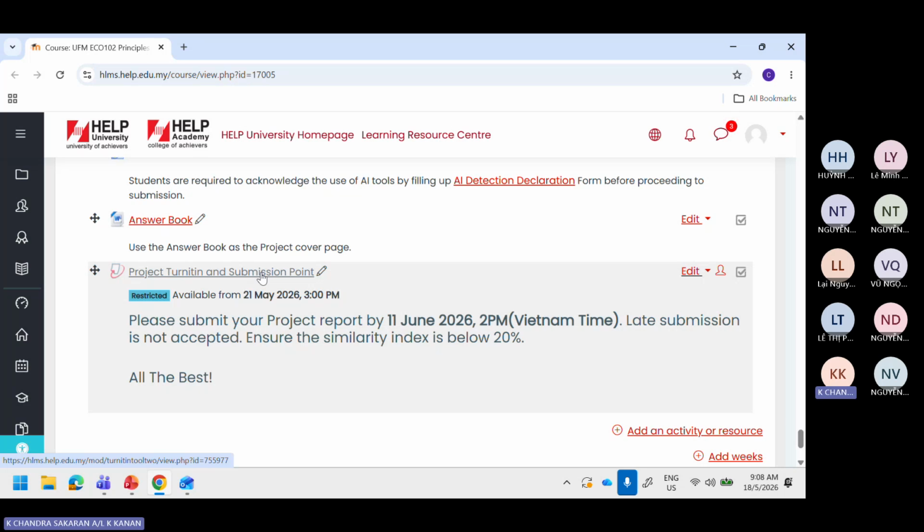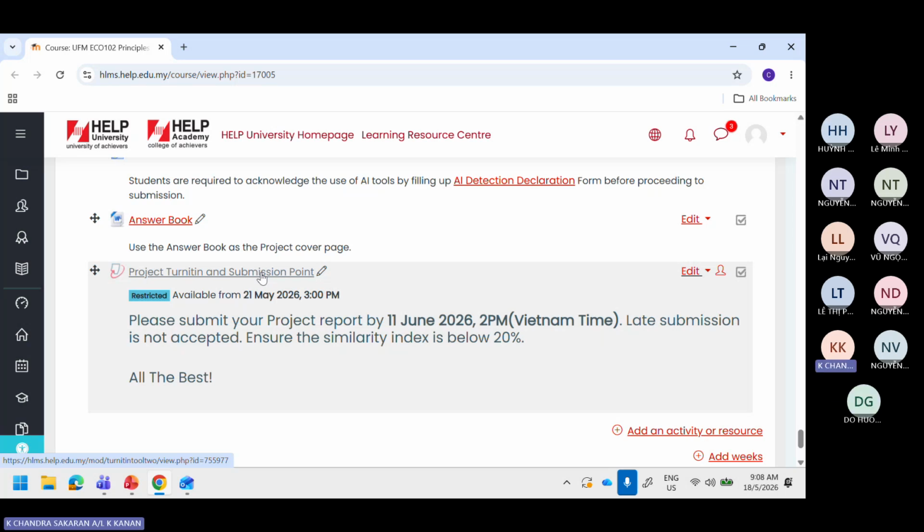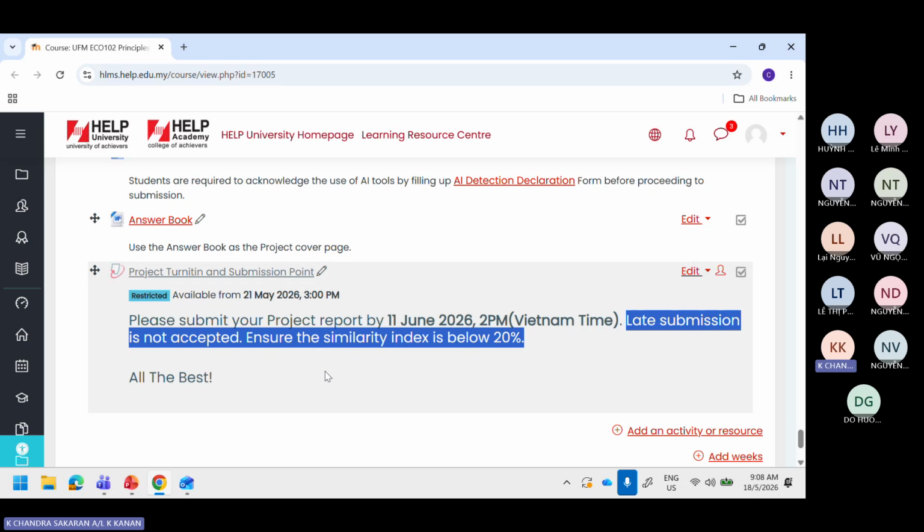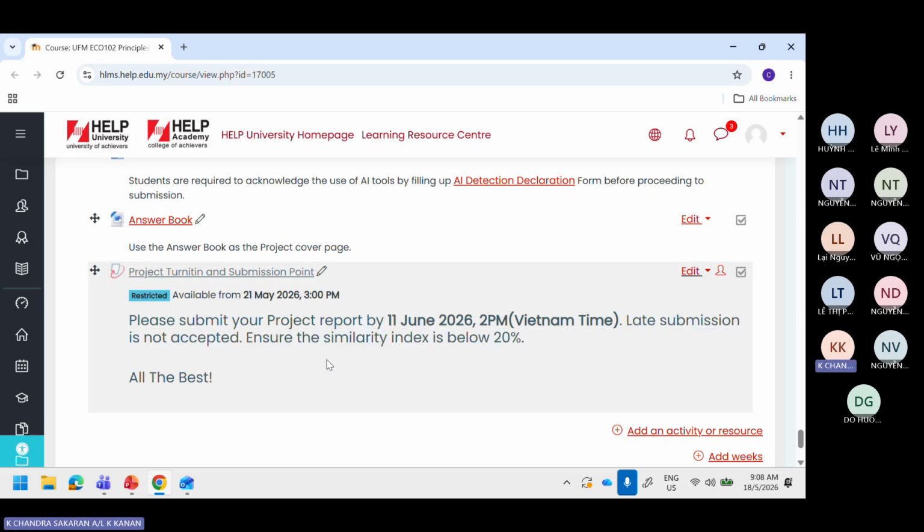Convert to PDF format. I don't want Word. It must be in PDF. Then you upload your final answer here. Once you've done that, you don't submit anymore. That's your final submission. Late submission is not accepted. Very important: the similarity index must also be checked and be below 20%.